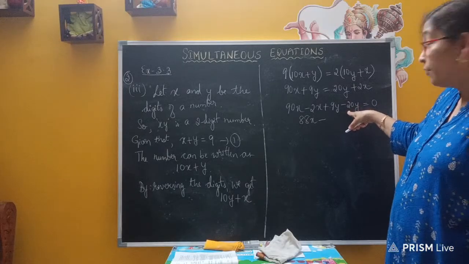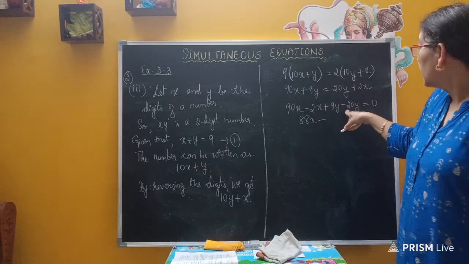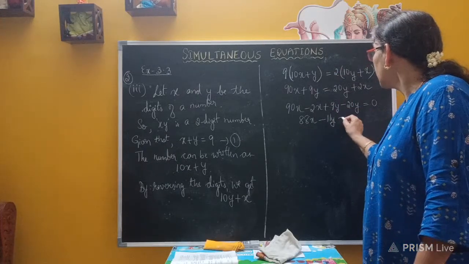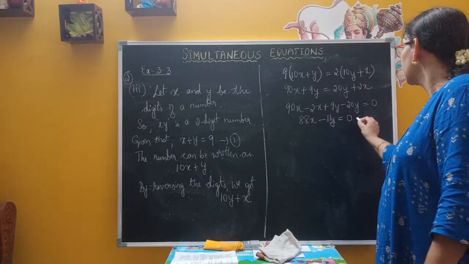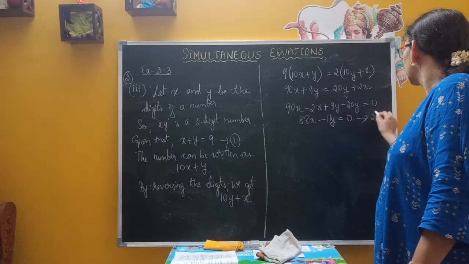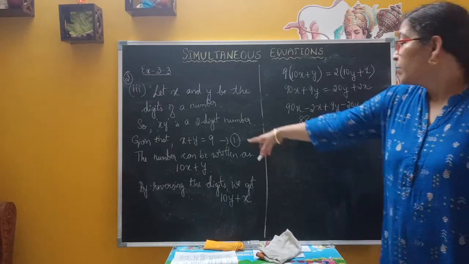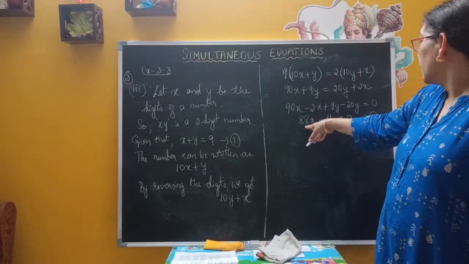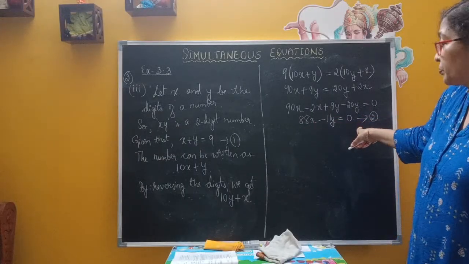Minus 11. 20 minus 9 is 11, 20 is the greater number, so it has a minus sign. So this is minus 11y is equal to 0. This is the second equation. So first equation, x plus y is equal to 9. Second equation, 88x minus 11y is equal to 0.